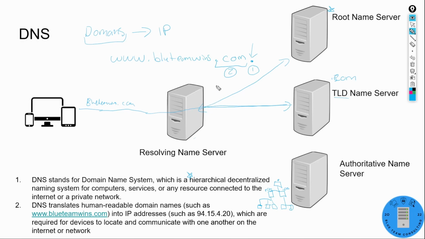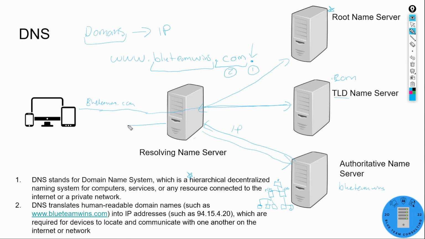This will then go out and say, okay, I'm now looking for the authoritative name of Blue Team Wins. This will route from a top-level domain name server down to an authoritative name server to say, oh, I know where Blue Team Wins is, where it resides. And it will then say, it resides at this IP address.